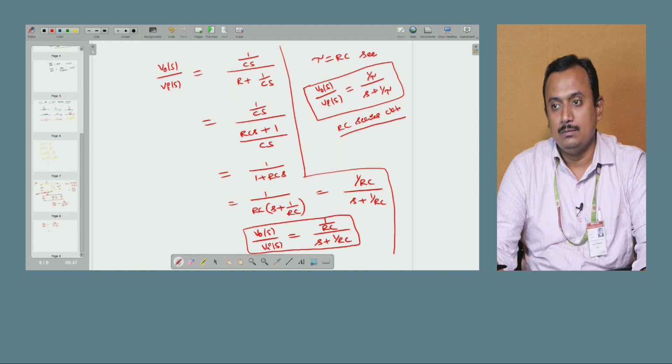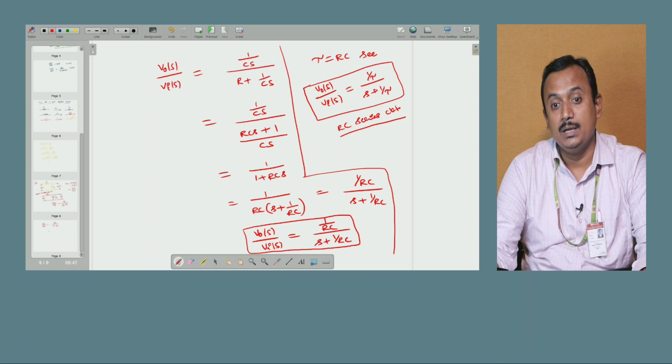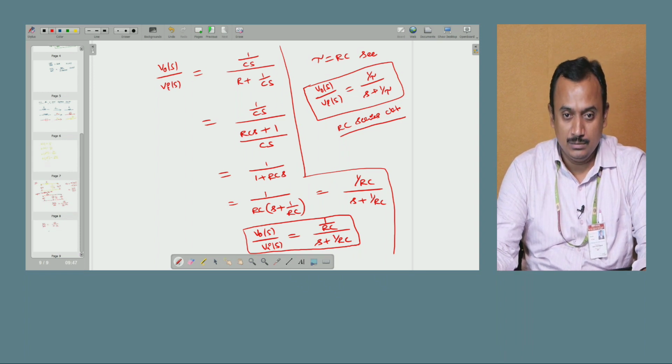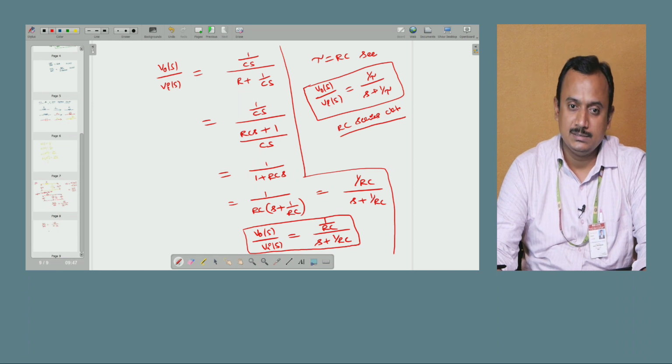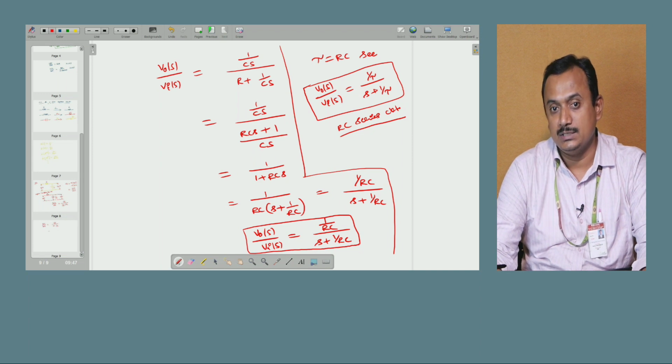Further, what we are going to do is analyze the output by taking different types of inputs. We have time domain analysis, where we will consider time as the input, and similarly we have one more analysis, that is frequency response analysis. In that we are going to consider the input as frequency.